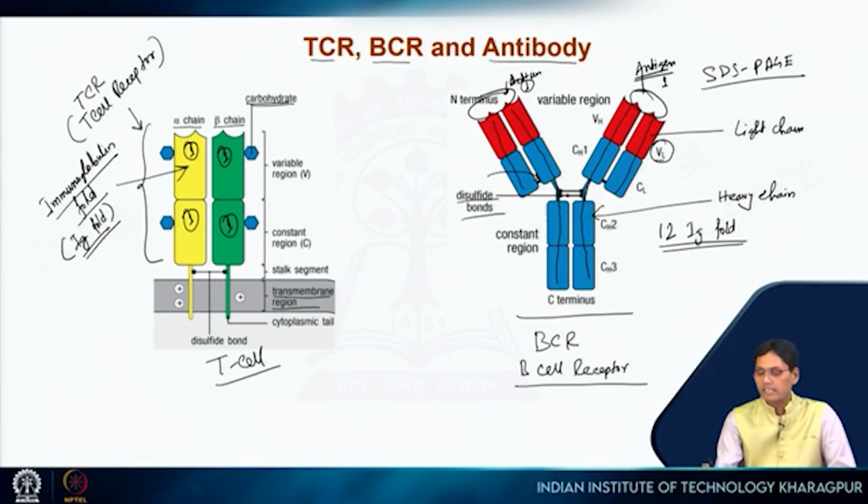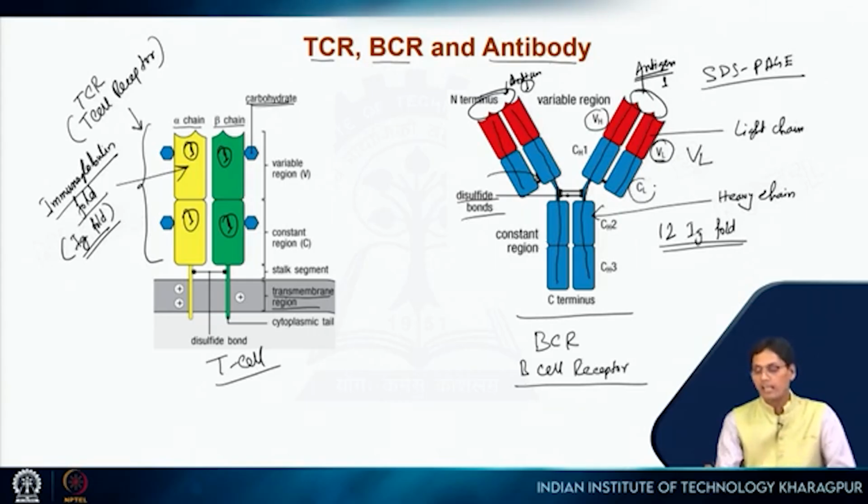This nomenclature is very important, because in future slides you will be seeing similar things. So see VL, that means the variable domain of the light chain. So this way we are mentioning VL. Similarly here VH, the variable region of the heavy chain.